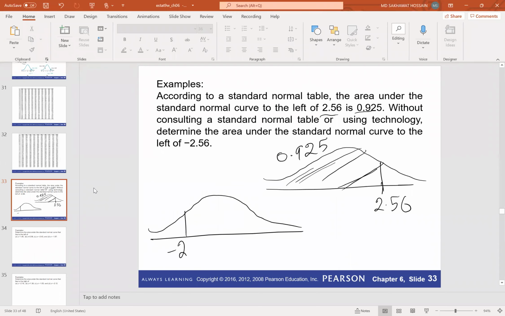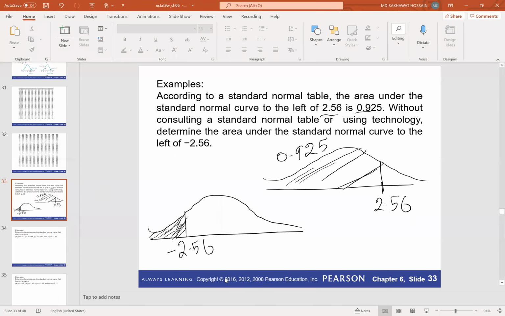So this is negative 2.56, and we want to find this area, using just the given information, without any calculator or computer. So what should be the area?